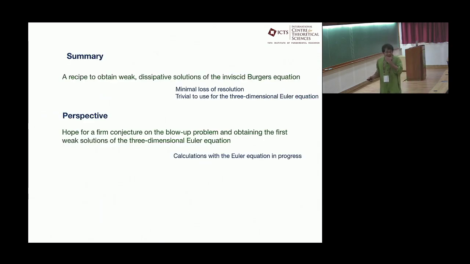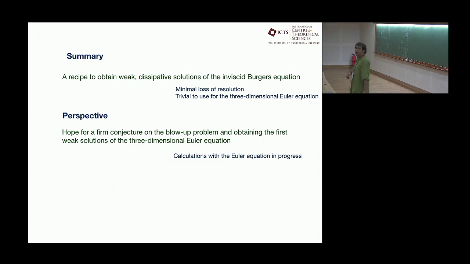So in summary, for this part, what Sugan has achieved is that he has been able to obtain a recipe to obtain weak dissipative solutions. The good thing, if you kept track of the values of these exponents, is that there is a minimal loss of resolution.